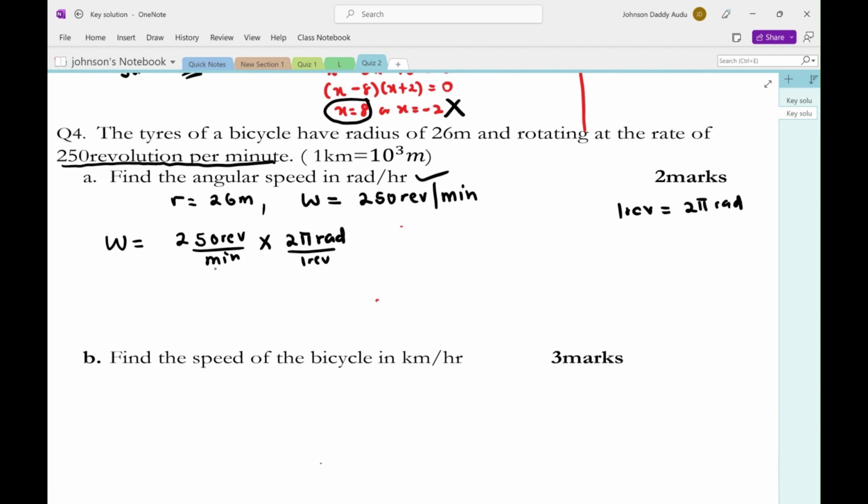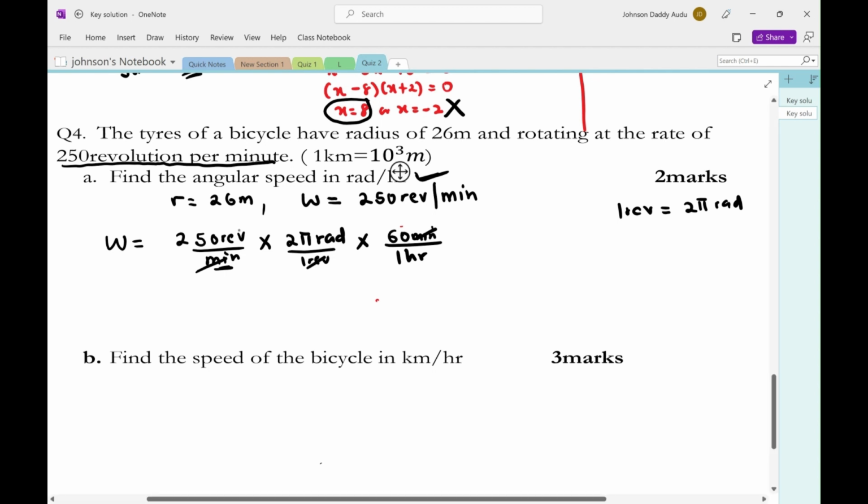Now, we have per minute here, and the question wants us to find it in rad per hour. So if you look carefully, we need to also convert this minute to per hour. To do that, we know that 60 minutes gives us 1 hour. All right. So now we are fine. You can see that this minute will go with this minute, because 60 minutes make 1 hour. This revolution will go with this revolution.